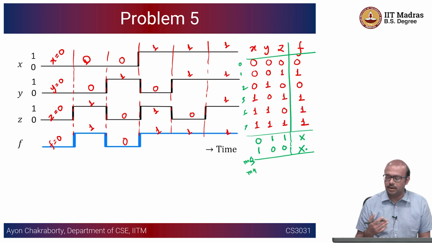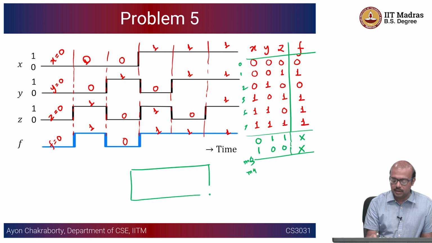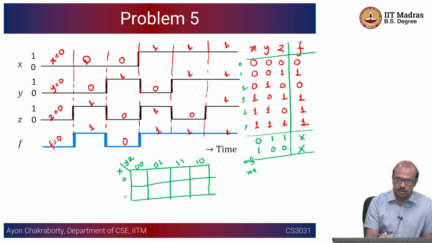So if I want to draw this K-map, I can have x on one side, and on the other side yz, which is going to have 4 different combinations in gray code format: 0, 0, 0, 1, 1, 1, 1, 0, and x is also going to be 0 and 1.